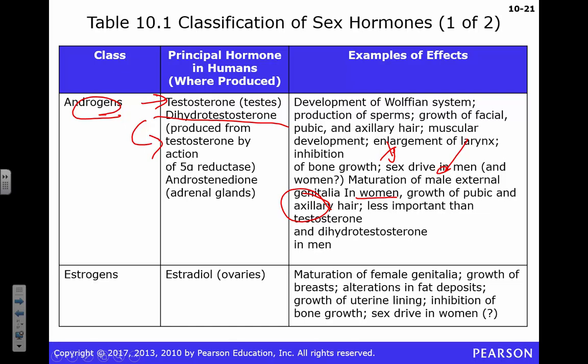It's kind of fun. Females, we already talked about estradiol, for example, those estrogens. Again, female genitalia, changes in some of the fat deposits in women. Men and women have sort of stereotypical fat deposits, where you can find those. They're different in men and women.